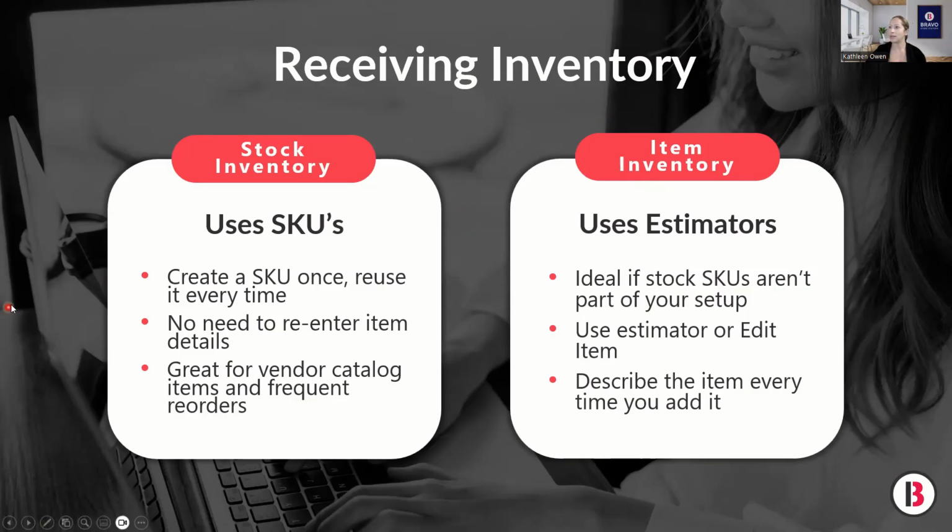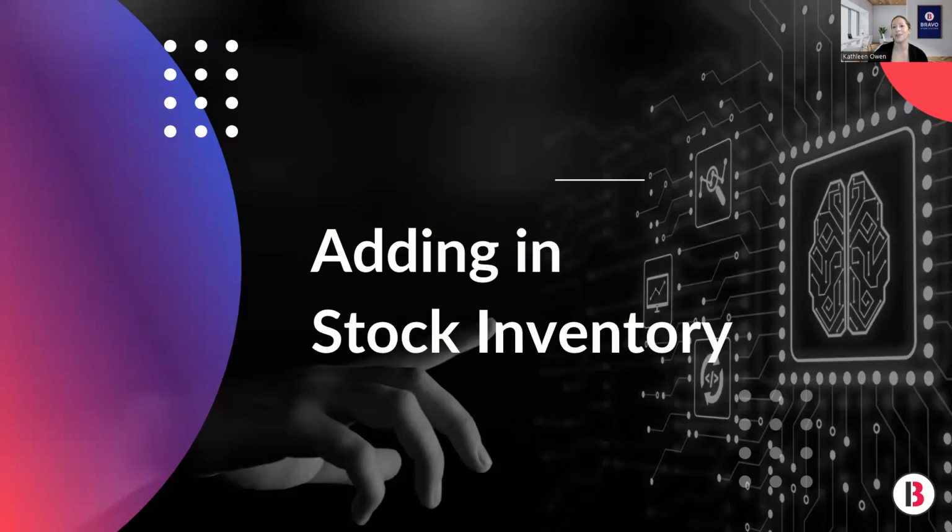So let's go ahead and cut off my laser and we're going to get right into the meat and potatoes of this whole webinar. And that is going to be starting with adding in stock inventory. So the goal here is to pretty much show you how to bring in your inventory using stock SKUs.